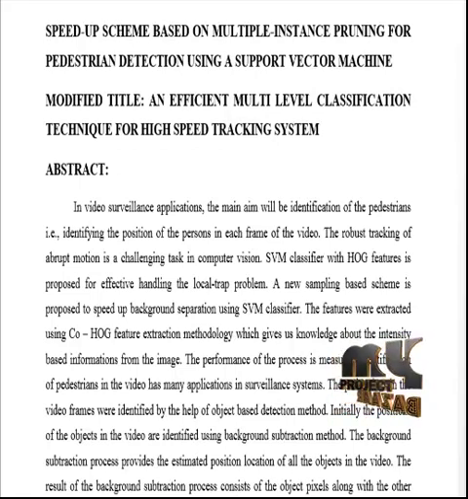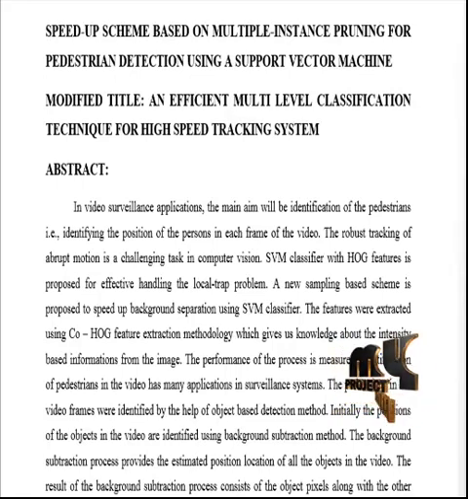The classification methodology is employed for the identification of the foreground regions in the video frames. The features were extracted using COHOG feature extraction methodology, which gives us knowledge about the intensity-based information from the images.